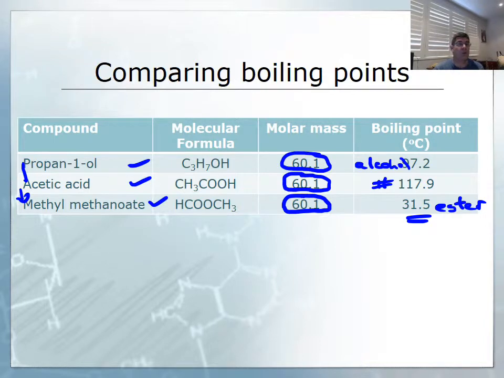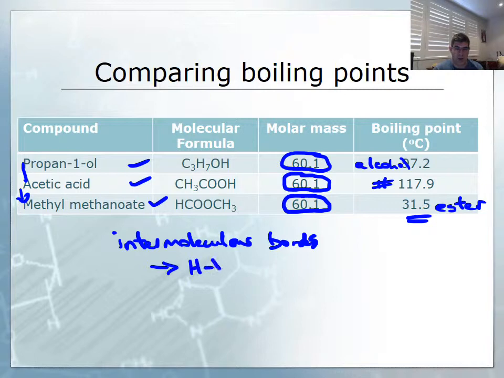Well, these are the sorts of questions that you may be asked to explain, and you're going to have to do it in terms of the intermolecular bonds, the ones between the molecules. And of course, what you're looking for here is hydrogen bonding. We'd look for dipole-dipole interactions and dispersion forces, but the hydrogen bonding is the strong one.